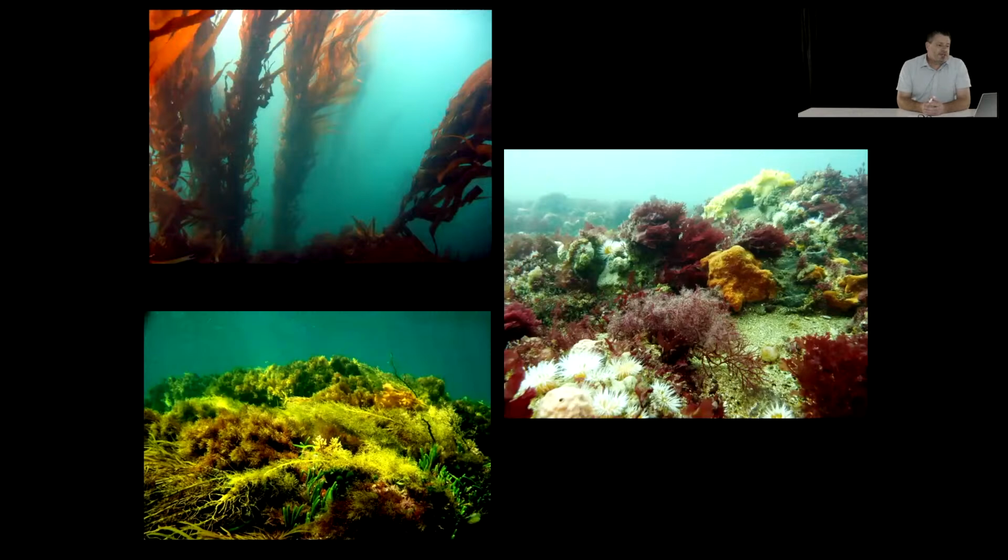So in that image, the only plants that you can see are maroon algae. They are probably the hardiest plant in the estuary. They grow down to that 17 metre mark. But in amongst it, you can see a whole bunch of different invertebrates. There's anemones in the foreground, and there's sponges in the background.